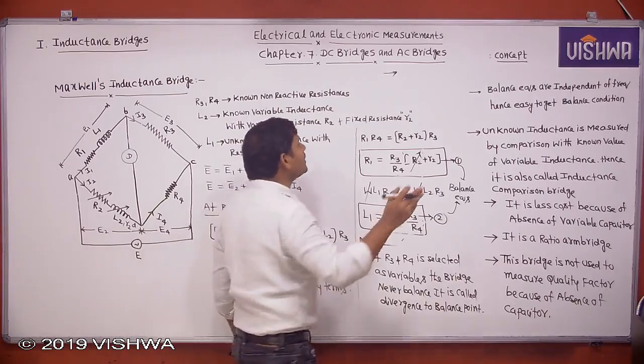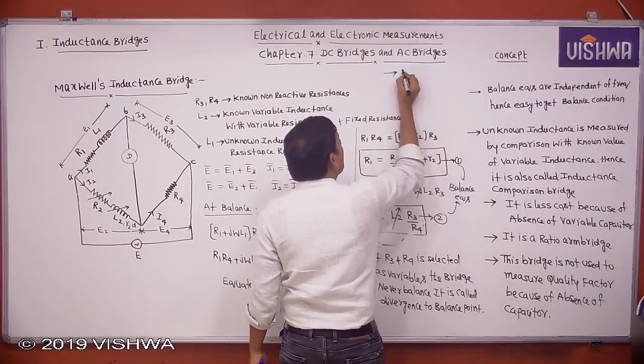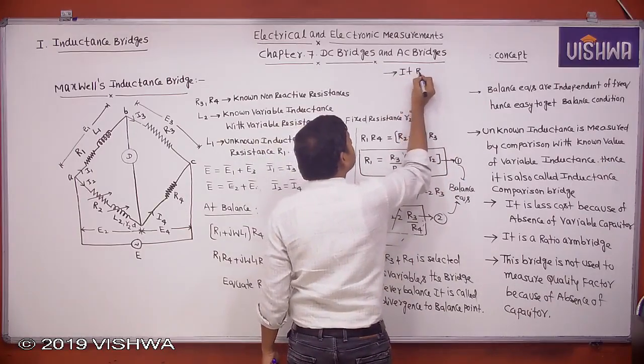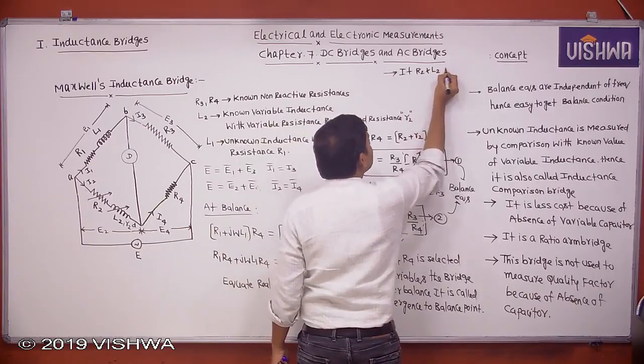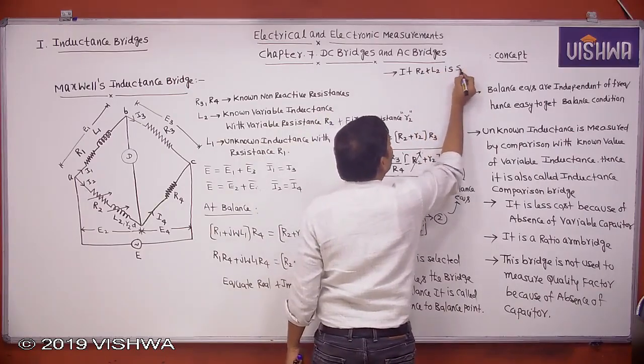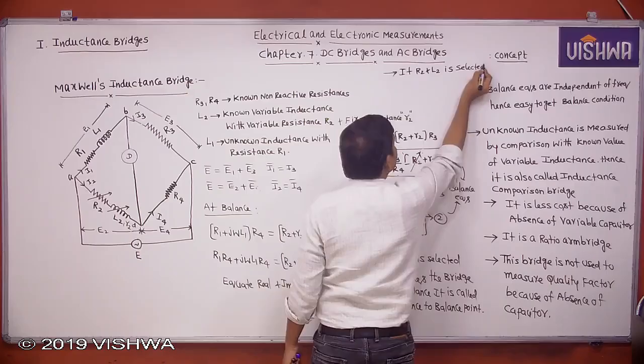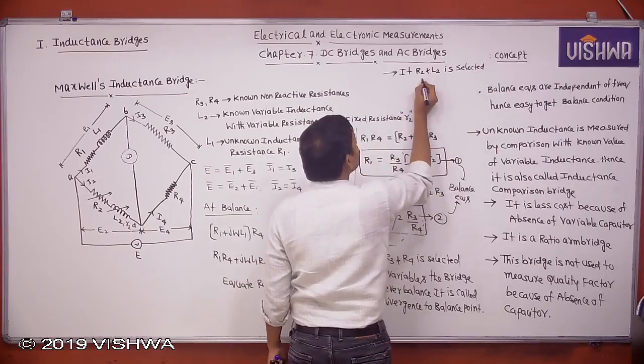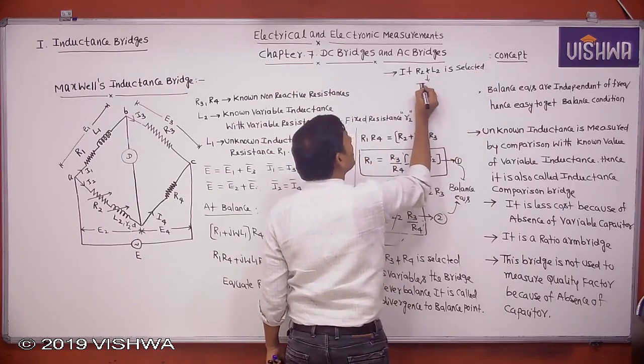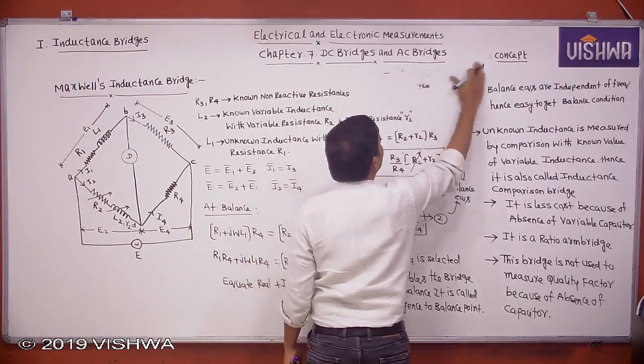Okay, that means if R2 and L2 are selected as variables, it means the parameters which are not common. Okay, this point I am writing here.